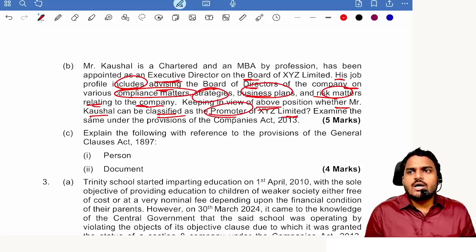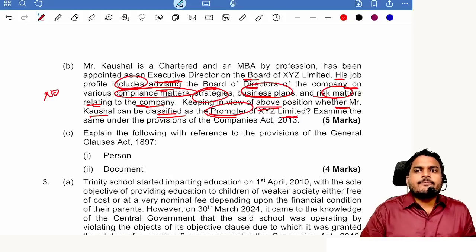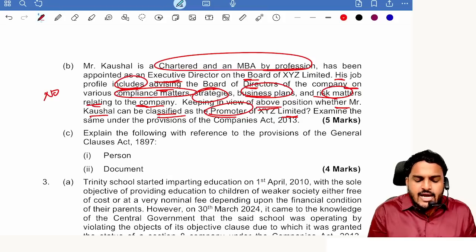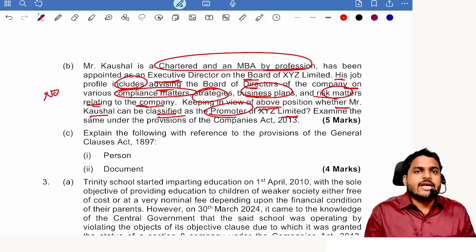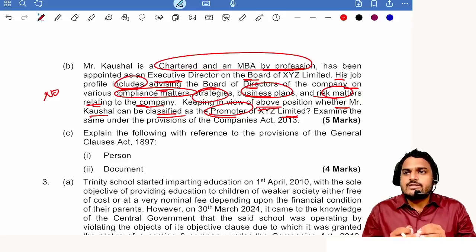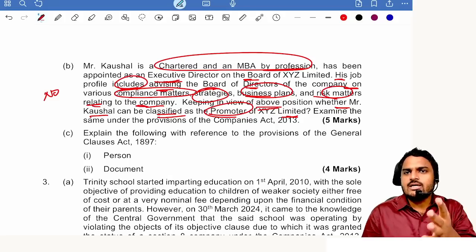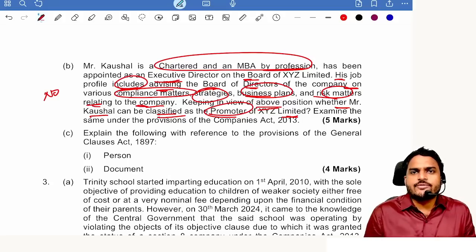Promoter, yes or no? Answer is no. Because he is a chartered accountant and MBA by profession. Any person rendering services in a professional capacity is excluded from the promoter definition. But if he is rendering any services exceeding professional capacity, then he will be included in the promoter definition.